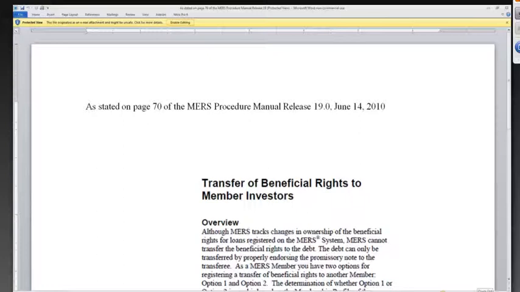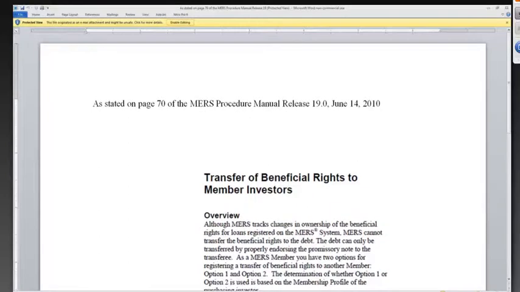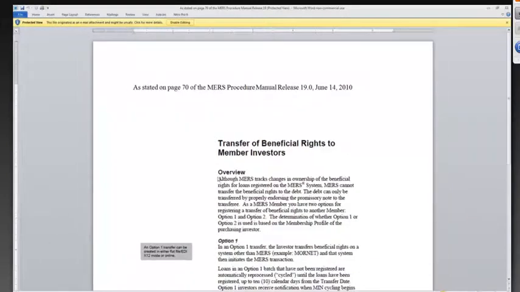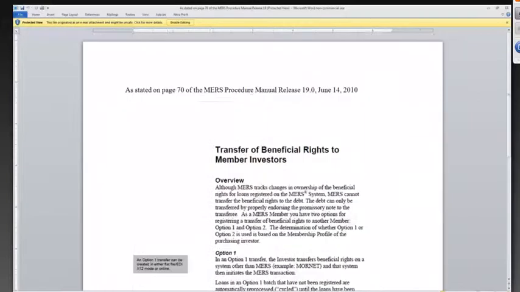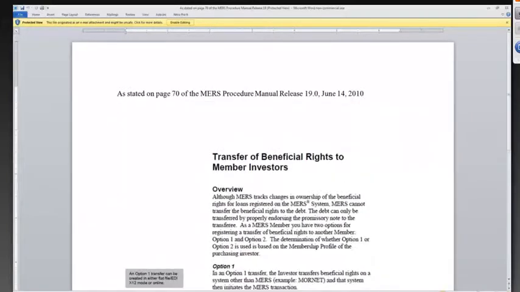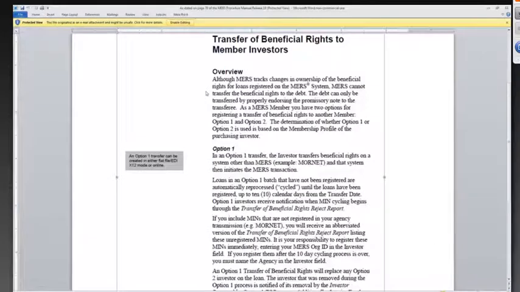Now, okay, anyways, it's on page. So here is the actual, here it is. Okay, so I'm going to blow this up a little bit so you can read with me.